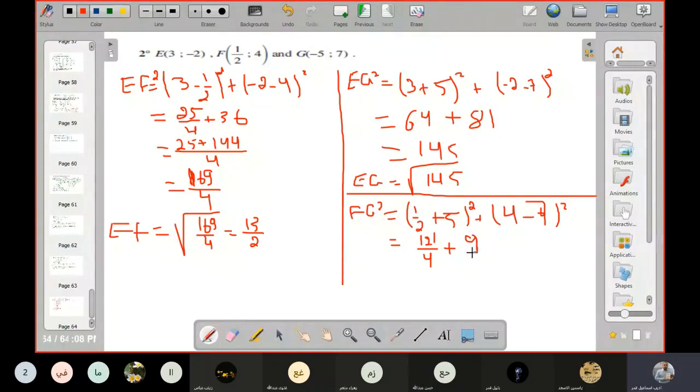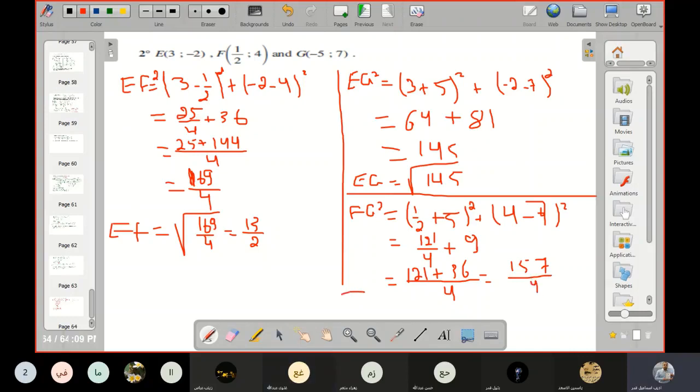The answer will be 121 plus 9 times 4, which is 36, so 157 over 4.